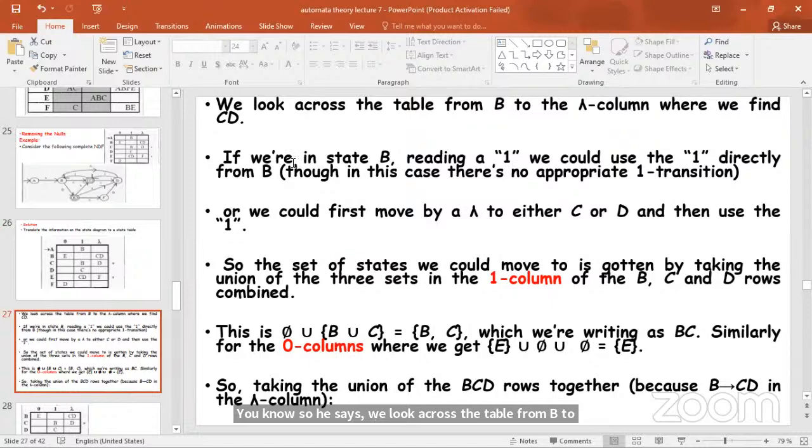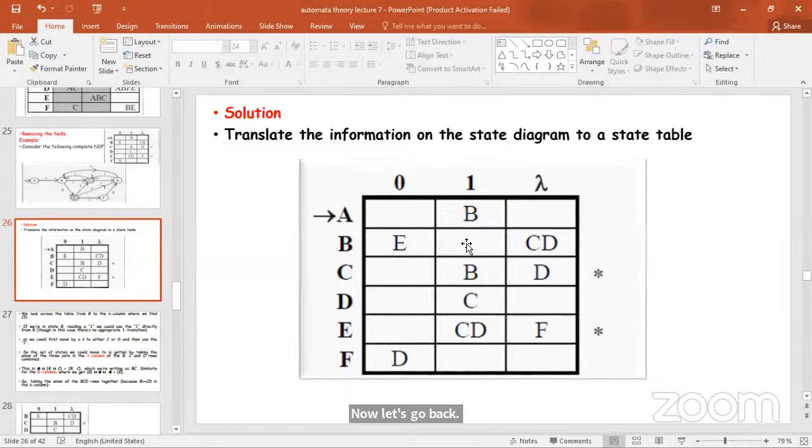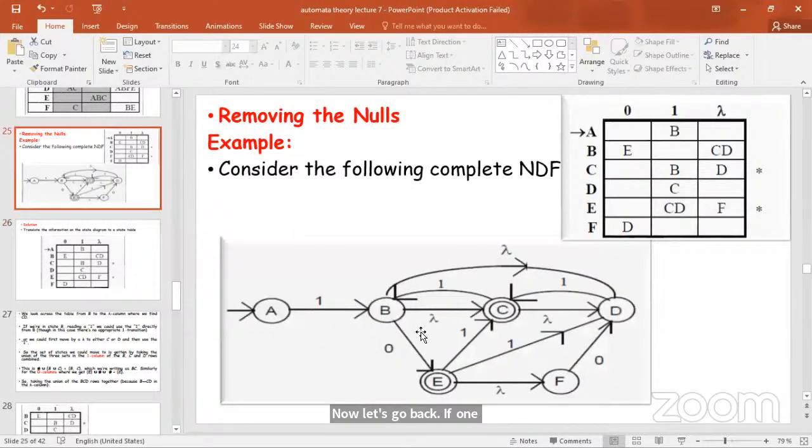Now, if we are in state B, reading a 1. Let's go back. If we are in state B, reading a 1 may seem impossible, but let's look at this diagram. We are in state B. Reading a 1 may seem impossible, right?